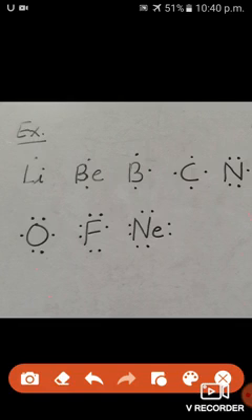Same as carbon, the atomic number of carbon is 6. The configuration is 1s2, 2s2, 2p2, where 2 plus 2 plus 2 is equal to 6. So the outermost shell is 2s and 2p, and we can say carbon has 4 electrons in its valence shell.